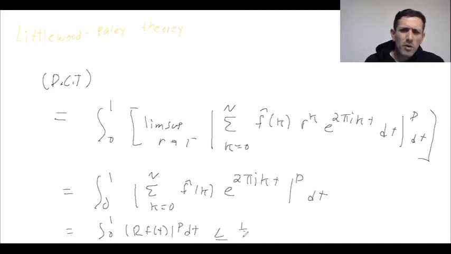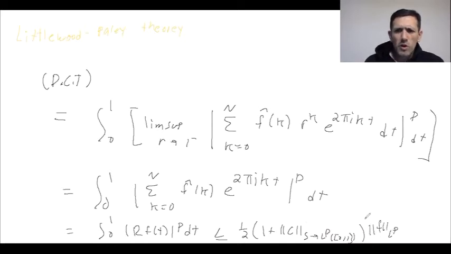And this is going to be one half of 1 plus the norm of C, S2 P on 0 to 1, times the LP norm on 0 to 1 of f.